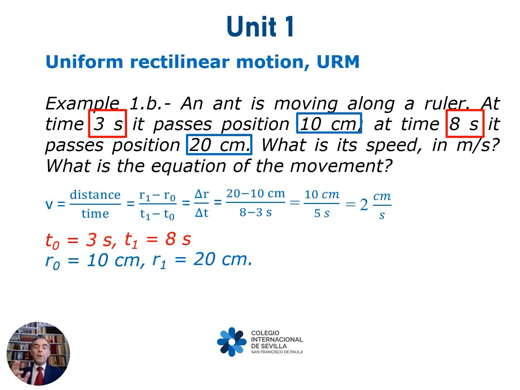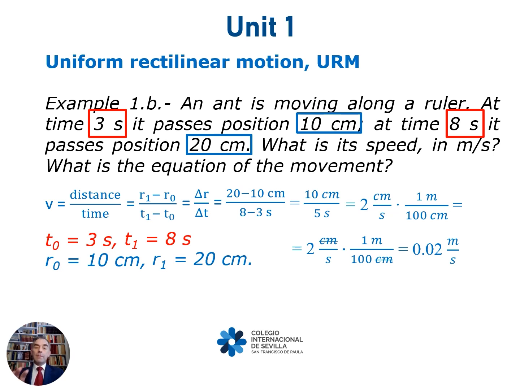Now, we know that a meter is 100 centimeters. So if we multiply times a meter divided by 100 centimeters, we are multiplying times 1. It is a conversion factor. And now we can cross over the centimeters and we have 2 meters divided by 100 seconds, which is 0.02 meters, 0.02 meters per second.